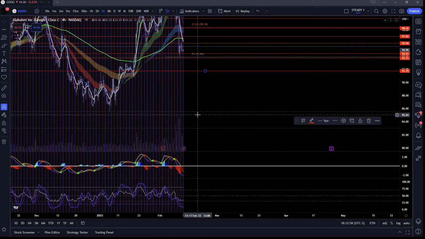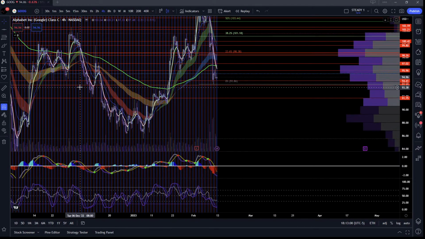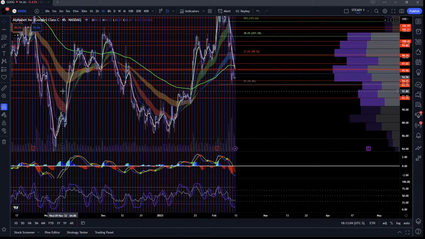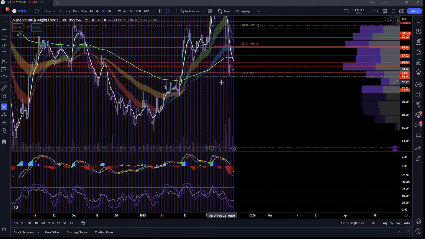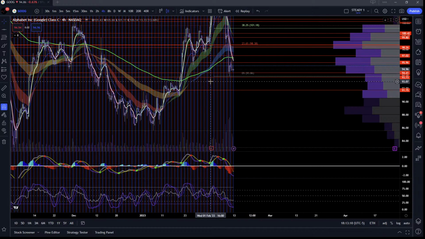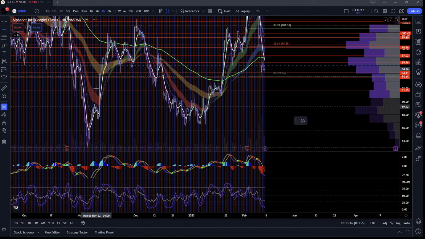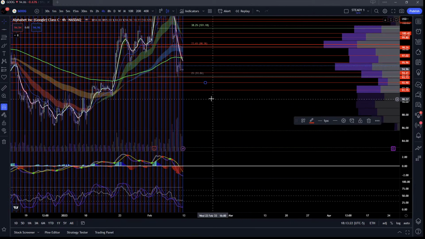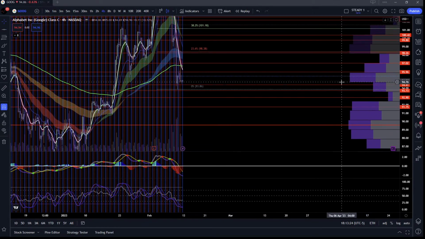So on our larger time frames we get our more important levels, and then on smaller time frames we get those less important levels, which you can count as your intraday levels, depending on whether you're scalping or swinging. Let me double check this one right here. Yeah, that could be used as well. Okay, so these are the levels I like for Google here.